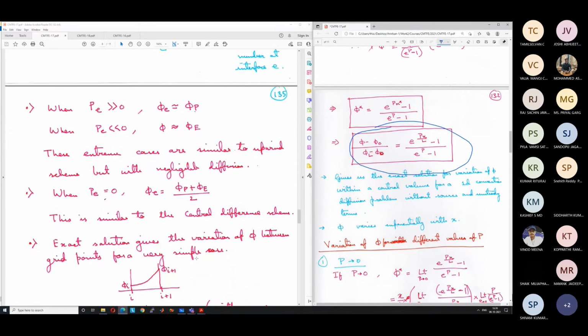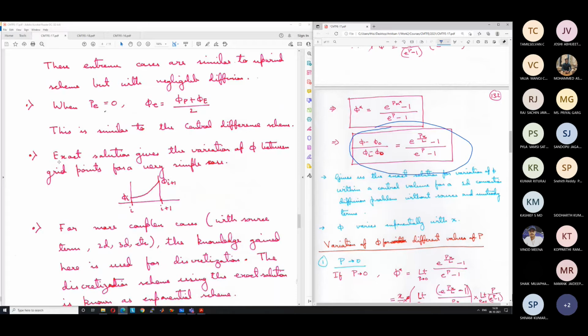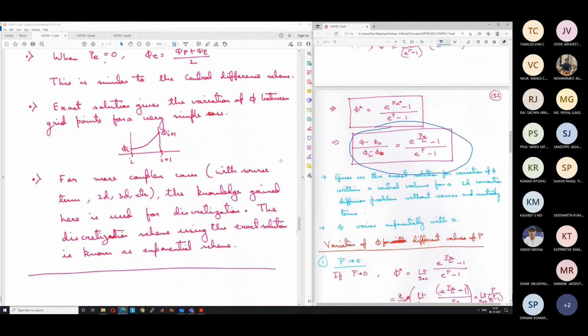I'm just summarizing. Okay. So the exact solution gives the variation of phi between the grid points for a very simple case. For more complex cases, what are more complex cases? Where there is a source term, where there is an unsteady term, when it is a 2D problem, when it is a 3D problem. For these types of cases, still the knowledge that we have gained means the variation will be similar, although it will not be exactly the same as given by this equation.